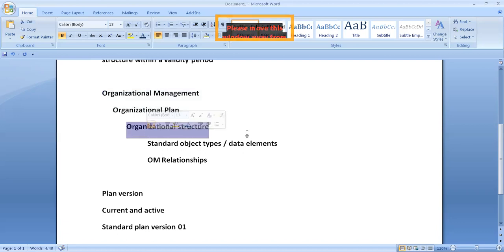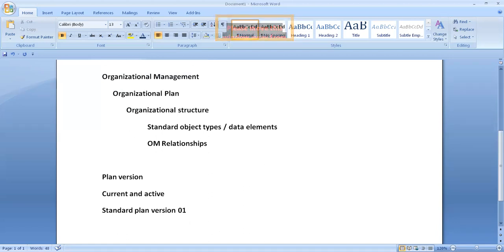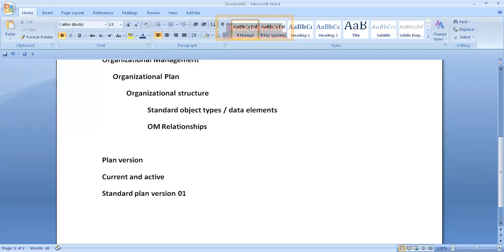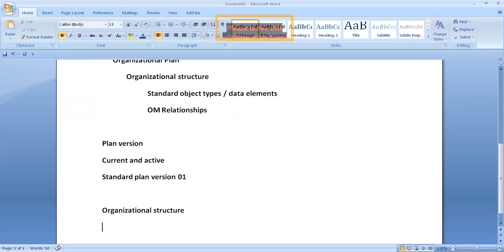Let's come to organizational structure. What is organizational structure? Organizational structure is nothing but the organizational elements and units and their relationships within a validity period, just like your organizational management.